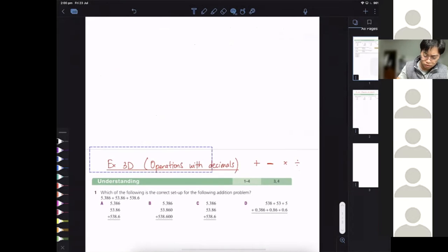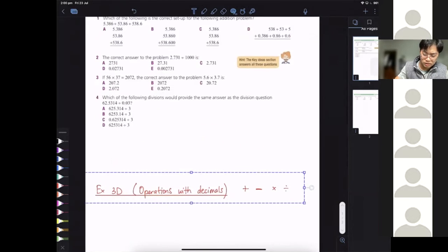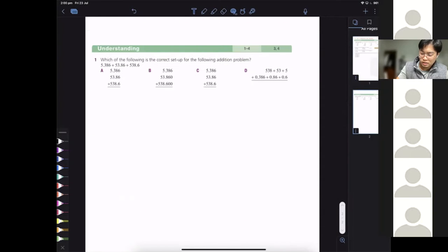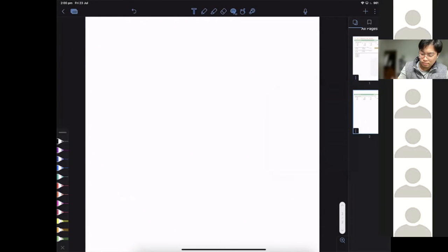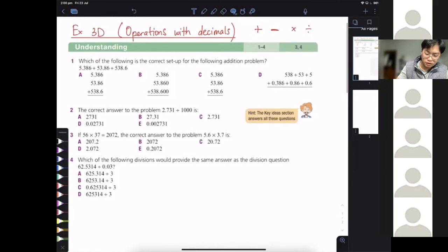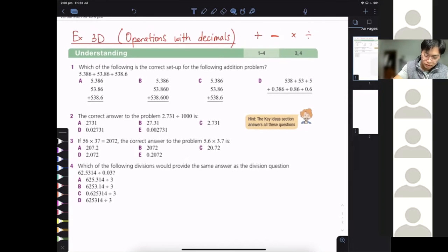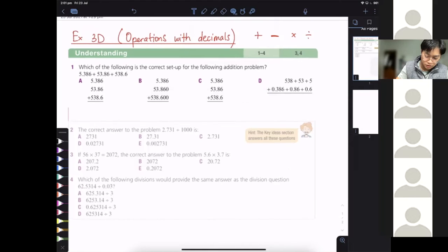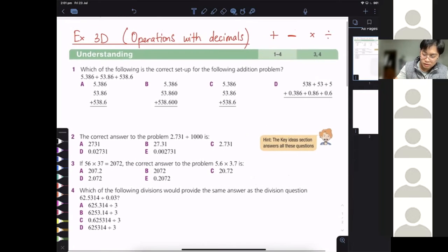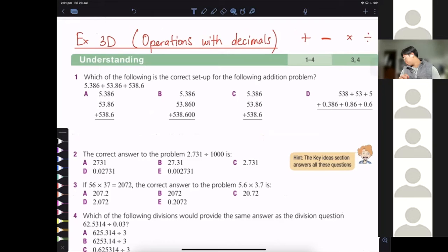So today there will be two documents, one for exercise 3D and another document for exercise 3C. Okay. So I've got a couple of questions here first. I'll do the best that I can to explain each of these, and then we'll begin doing some questions with it.